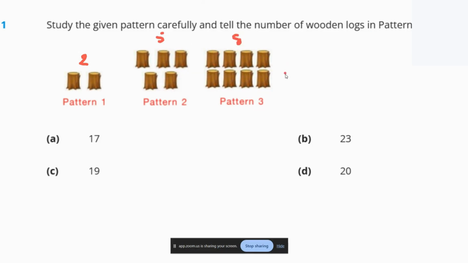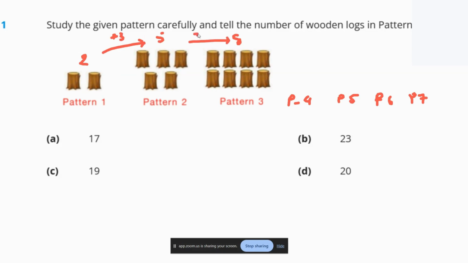So there has to be pattern 4, then pattern 5, then pattern 6, then pattern 7. So you have to tell how many logs will be there in pattern 7. If you notice, there is a difference of 3 in each of the patterns.